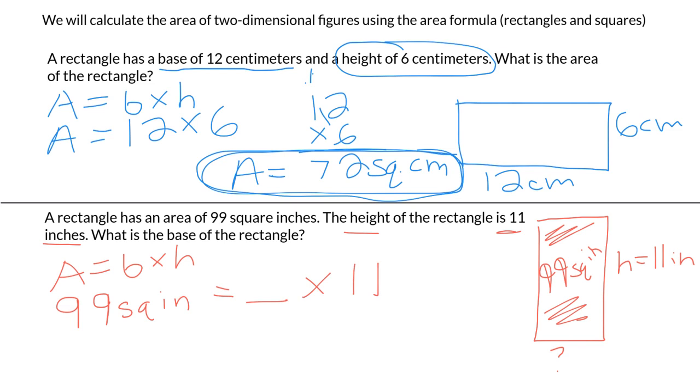What we need to do here is figure out what times 11 equals 99. You could do this backwards. You could divide 99 by 11. Now I'm going to do this with mental math. I know that 11 goes into 99 9 times, or that 9 times 11 is equal to 99. That means that our base is equal to 9 inches.